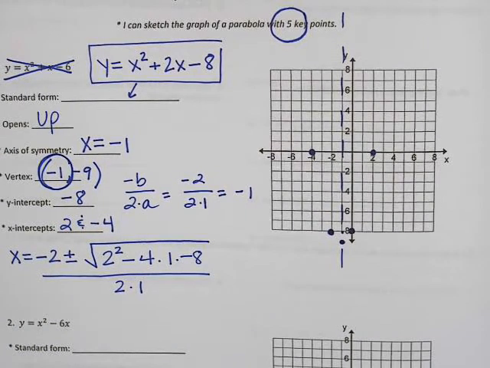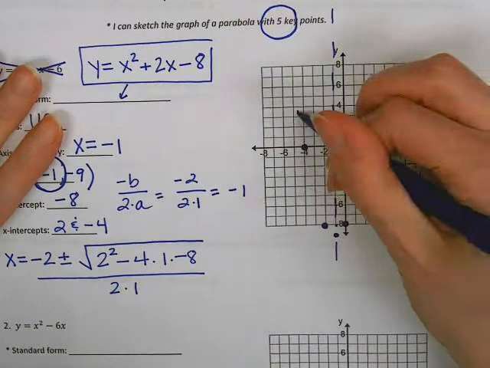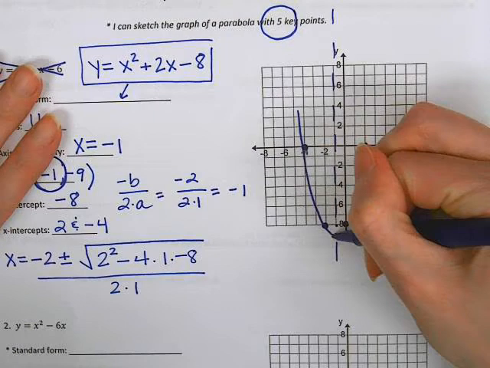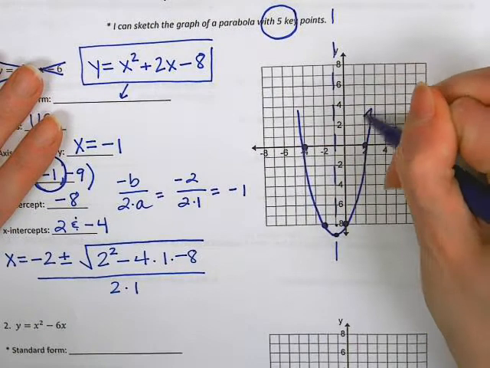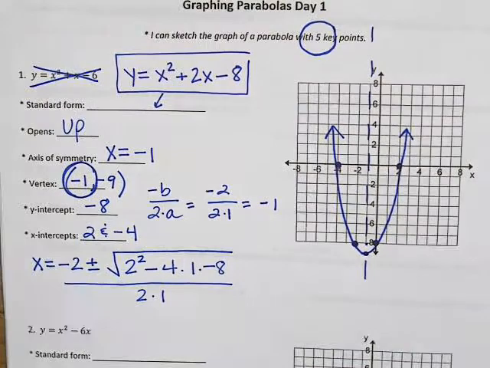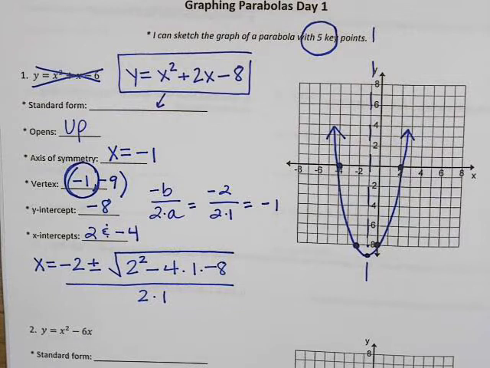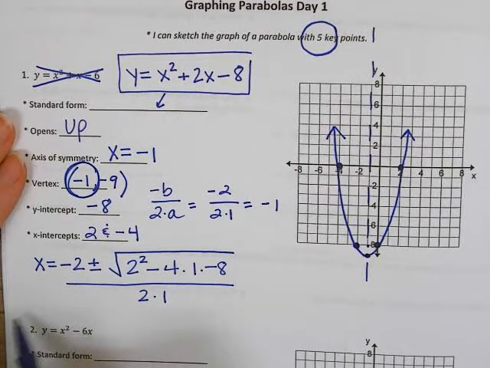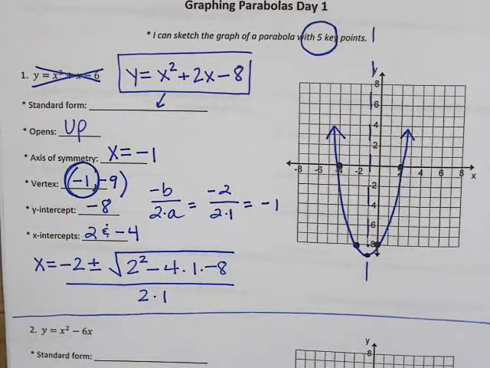And now we have 5 points. And then if you connect the dots, that is your U. All right, so that's it. If you guys feel good and want to stop, go ahead and stop here. I'm going to do one more in case anybody wants to see one more.